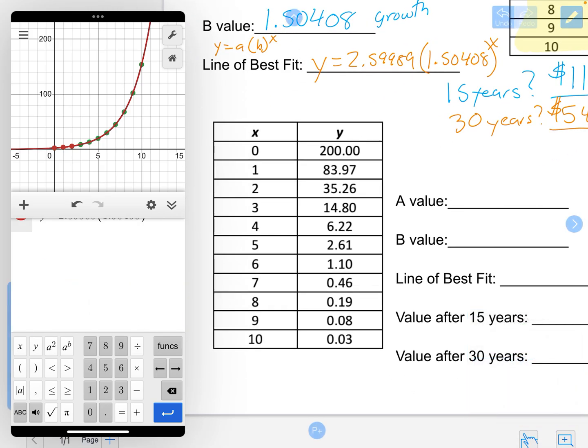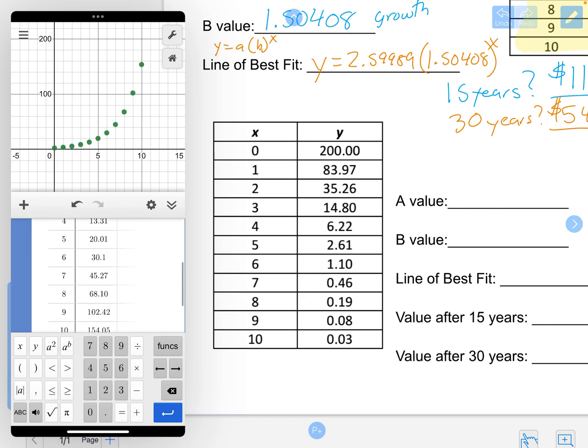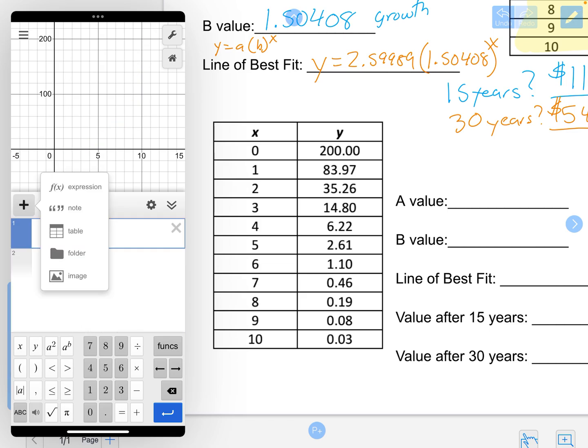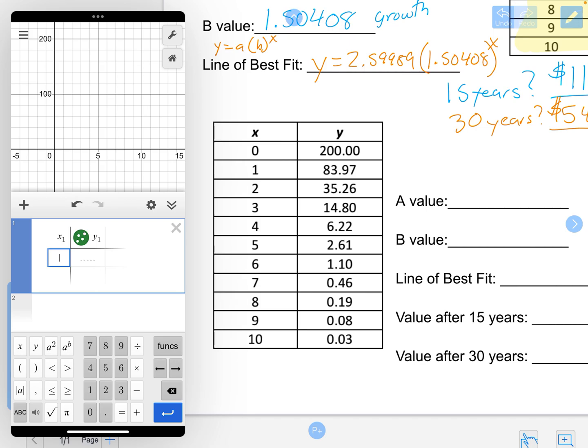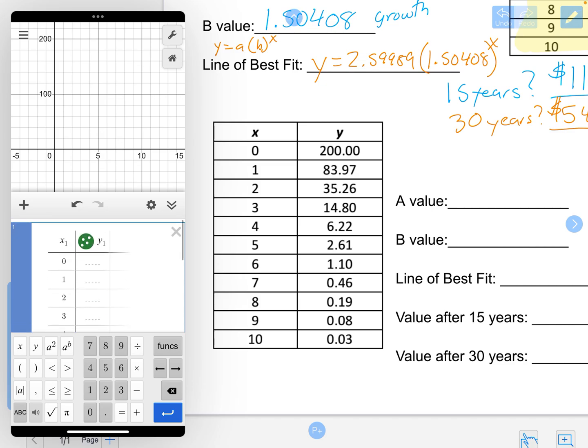So let's do the same thing for this one. The first thing we need to do is hit plus, and create a table. Type in our values. Okay, so our first one is 200. Then we have 83.97.